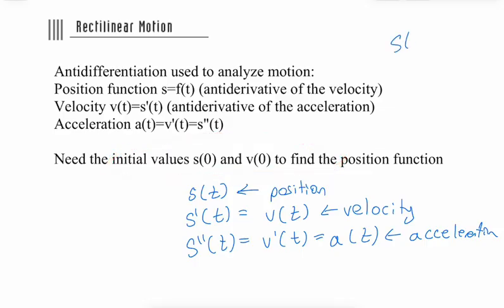Sometimes they will say S of 0, or they will put a little 0 notation next to it, sub 0. And so, same thing here. V of 0 is sometimes written as V sub 0. So it depends on the book and the notation. Sometimes we'll see some that write it both ways.